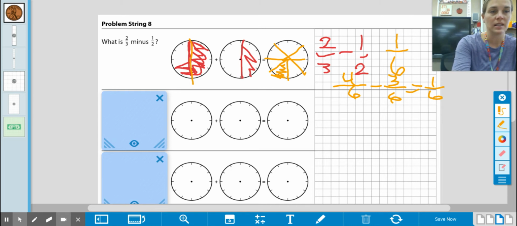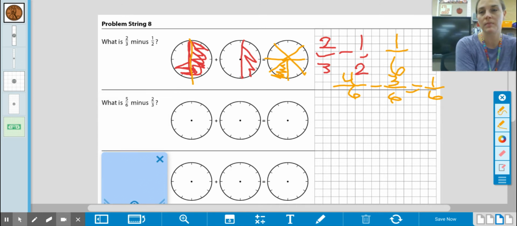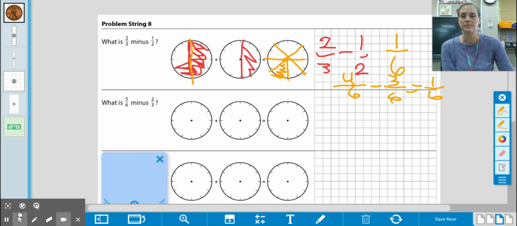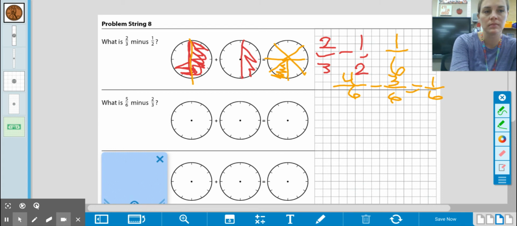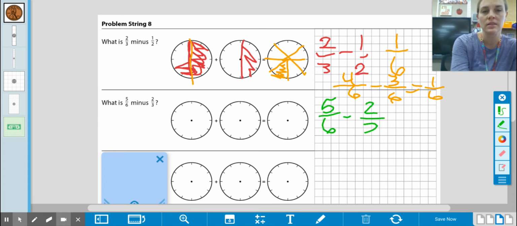All right, let's go ahead and try that next problem. What is 5/6 minus 2/3? All right, so let's write down that problem. 5/6 minus 2/3. So I'm going to go ahead and break my clock into those 6 equal pieces. I have 5 of them shaded in. Minus 2/3, make my thirds, shade in 2 of them.